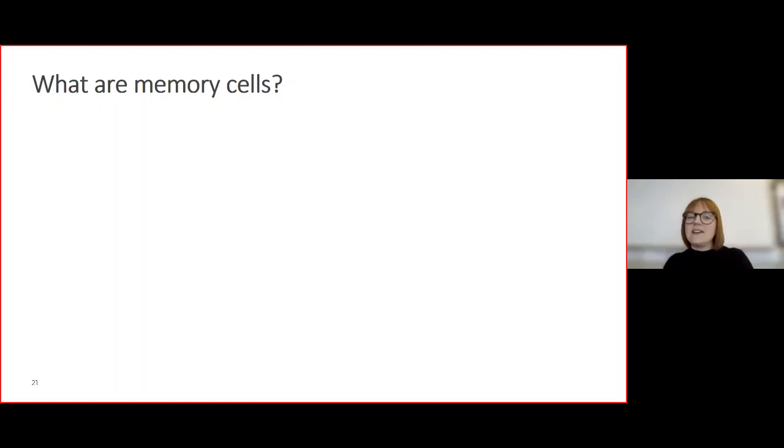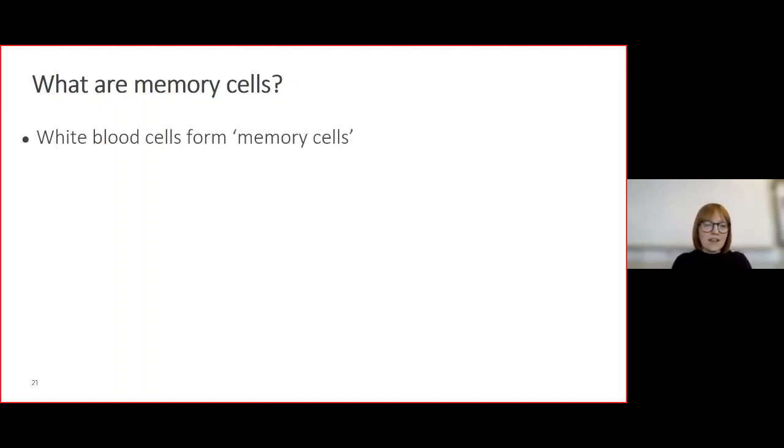Okay. The next thing we're going to look at then is memory cells. Now, white blood cells form memory cells, and they kind of do what they say on the tin. Okay, they are our cell's memory, so that if we've been infected with a type of pathogen once before, then these memory cells stick around in our body, and hopefully they avoid us getting too ill a second time when we are infected by a similar or same pathogen.